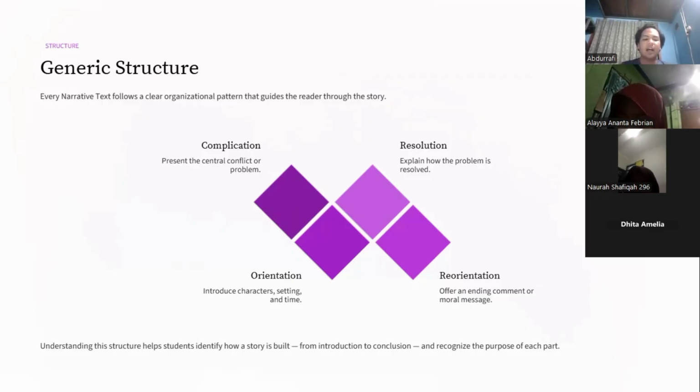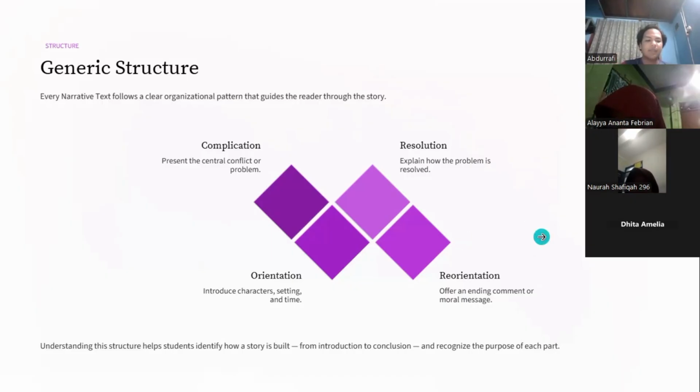This explains how the problem is solved. And finally, reorientation part. This part usually gives a closing statement or the moral lesson on the narrative text. Remember this order: orientation, complication, resolution, and reorientation. Understanding this structure helps us follow the story more easily.